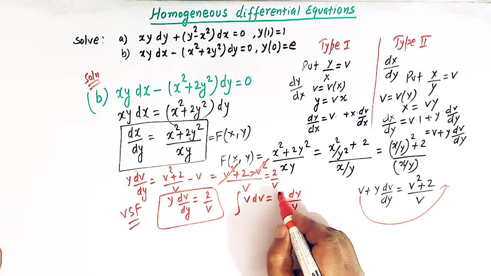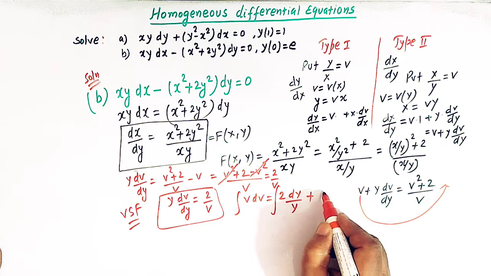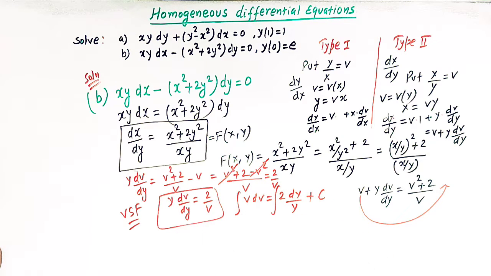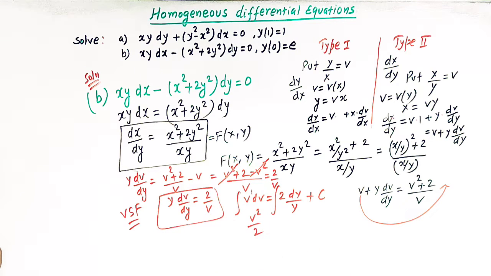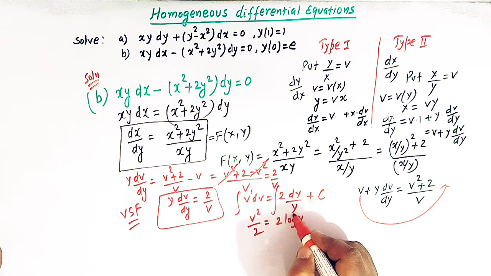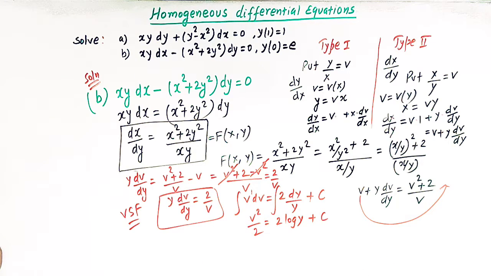Now integrating both sides, here we have c as the constant of integration. The integral of v dv is simply v square over 2, because v is raised to 1. Here we have 2 times log of y, because the integral of dy over y is log y, and c is the constant of integration.